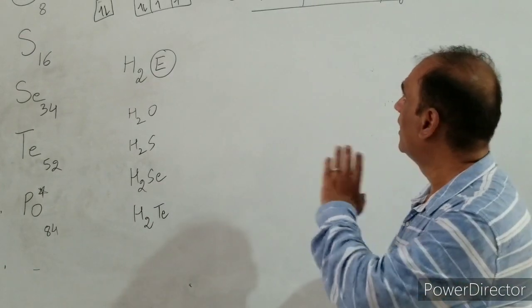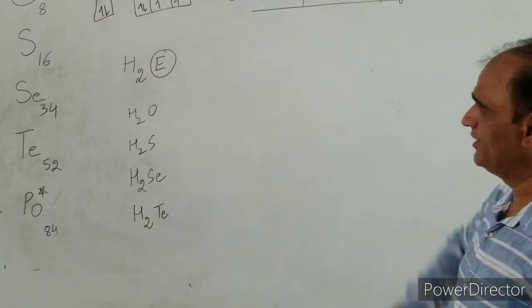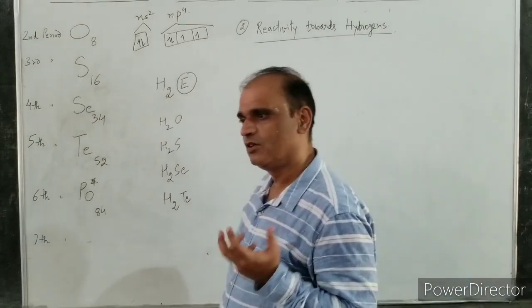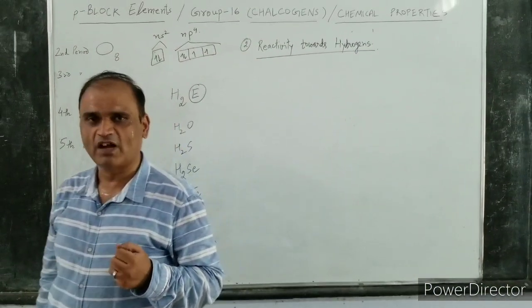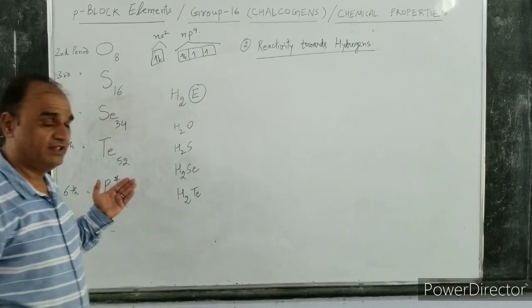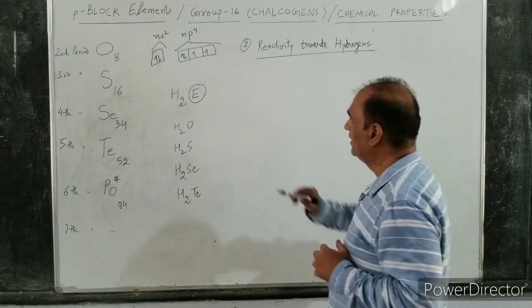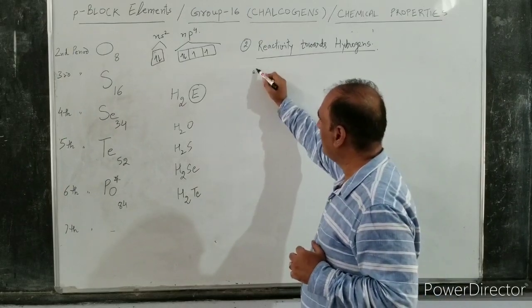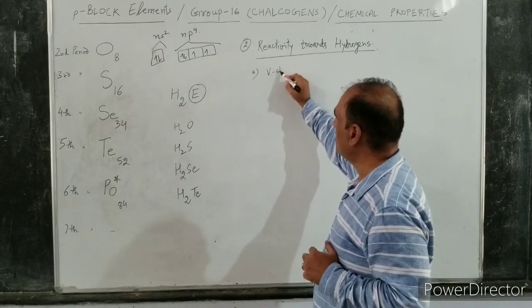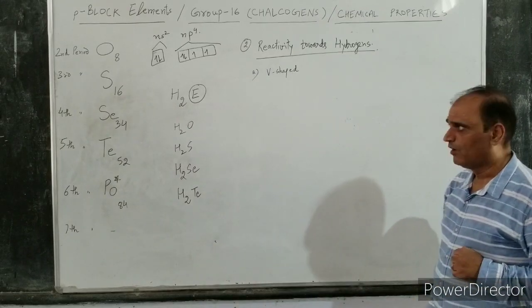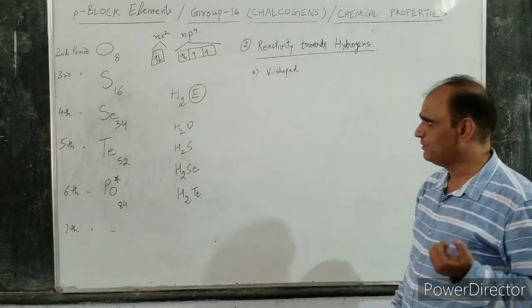About these hydrides, we have some 6 or 7 important concepts which are often asked in exams. For example, the first question is why all these hydrides have a V-shaped or bent structure. Very simple.